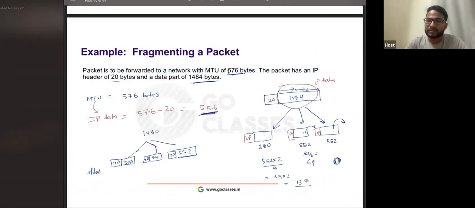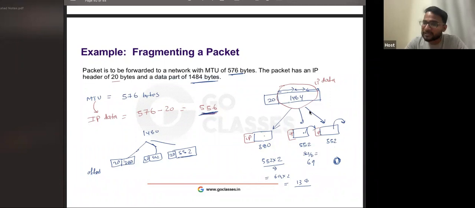Here it is saying that the MTU is 576 bytes, right? And this is the data part, which is 1480, and 20 bytes of header. The IP packet has 20 bytes of header and the data part. This is the IP data. Since the IP data is given to you, you do not need to subtract.